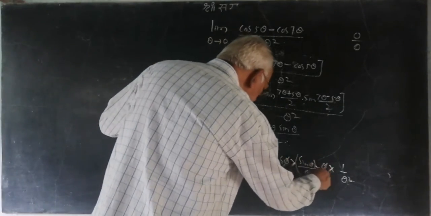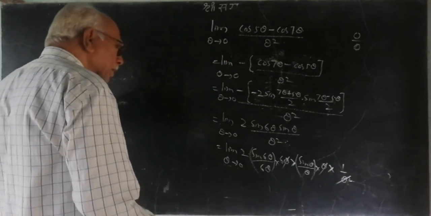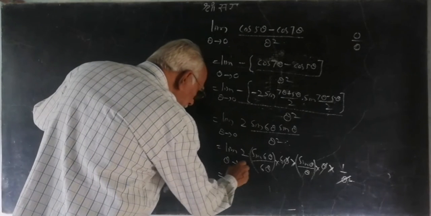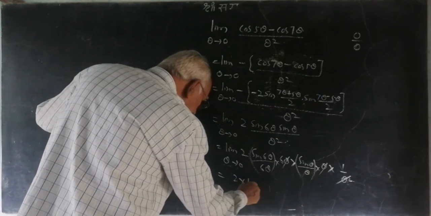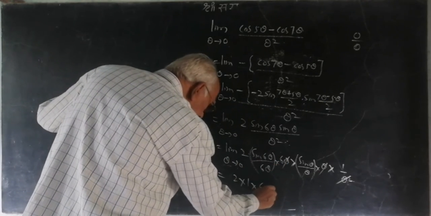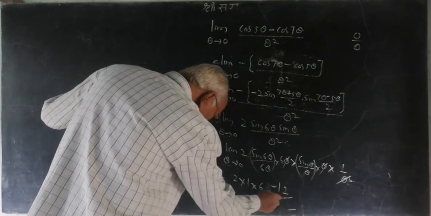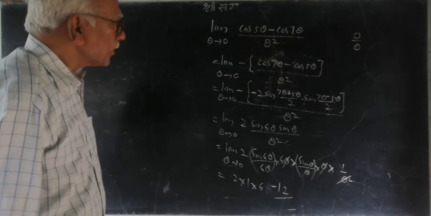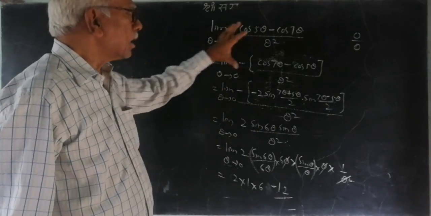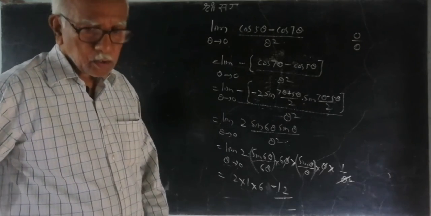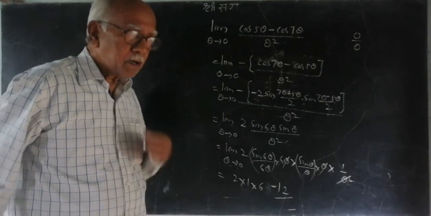Theta square cancels. So as theta tends to 0, 2 into 1 into 6, and this is 6. So what will the final answer be? It will be equal to 12. So these are the model sums connected with limit. Tomorrow we can go through continuity. Thank you.